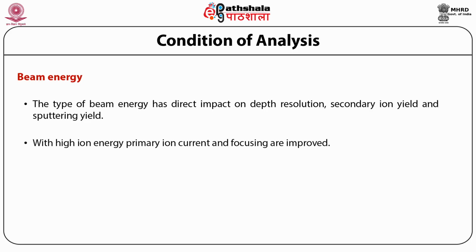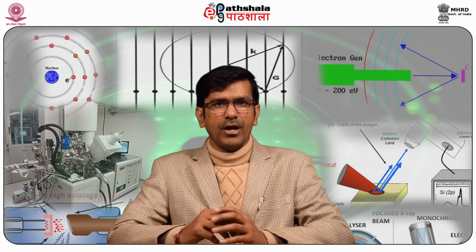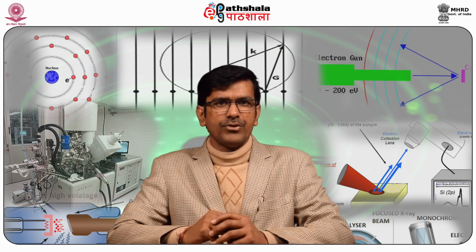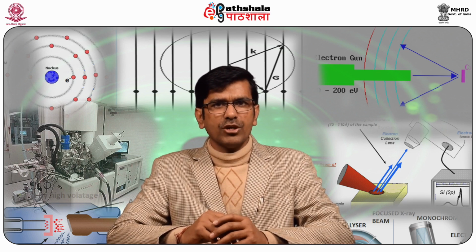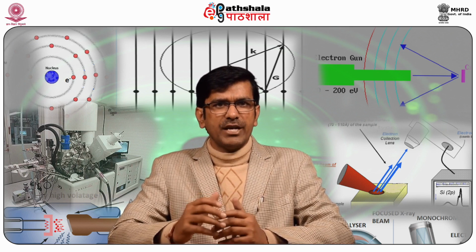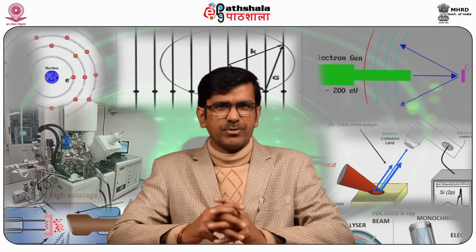With high energy, primary ion current and focusing are improved. High energy in the primary ion current is used to improve the focus. Now about the beam: the beam that has to be focused on the sample has to be at an angle for proper sputtering.